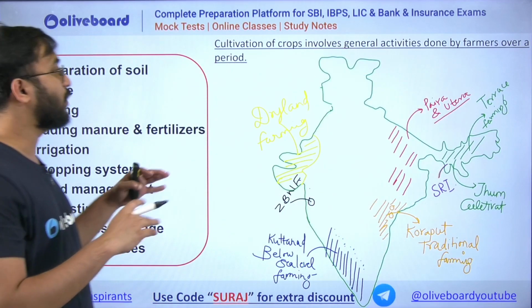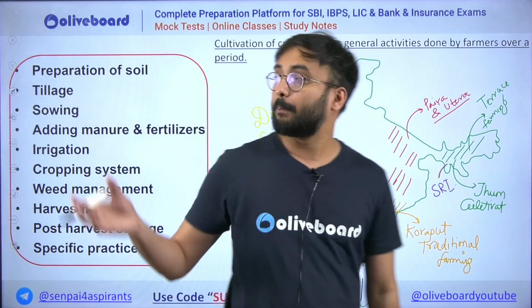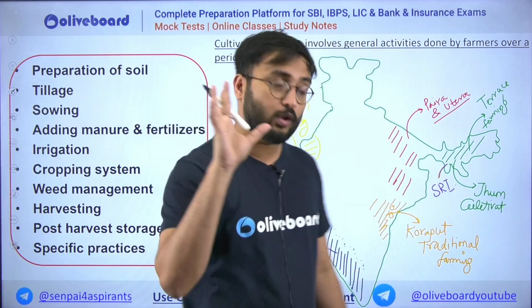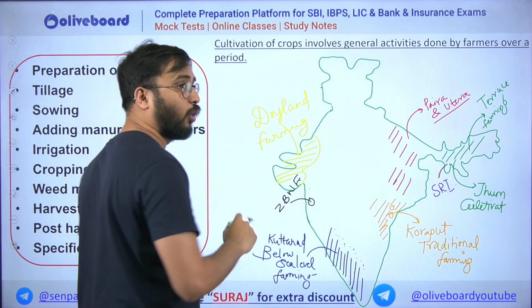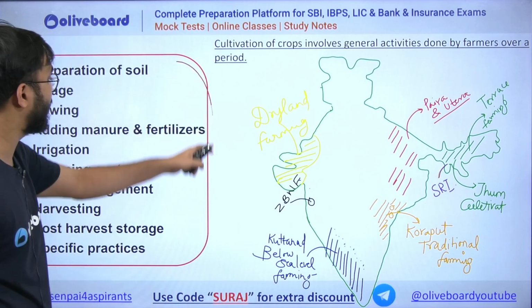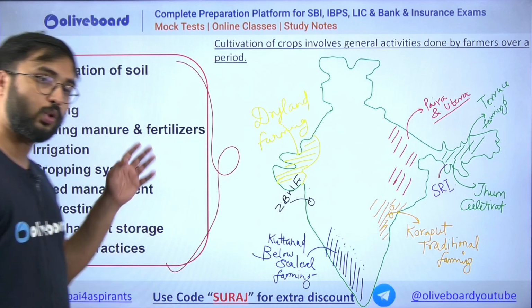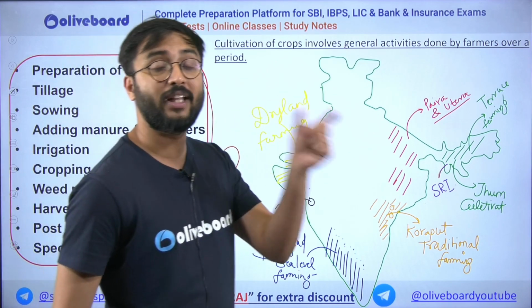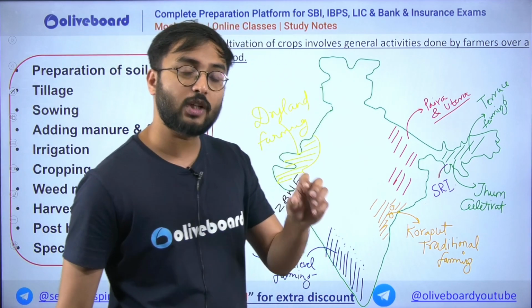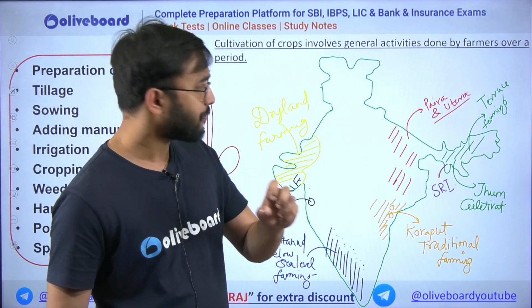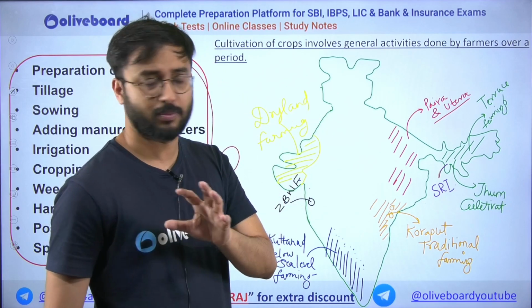Now overall, when we are discussing the preparation of soil, you also have to understand that India, where all of these different agricultural practices are carried out, also has certain unique farming practices. India has one of the largest and most unique agricultural and farming systems.